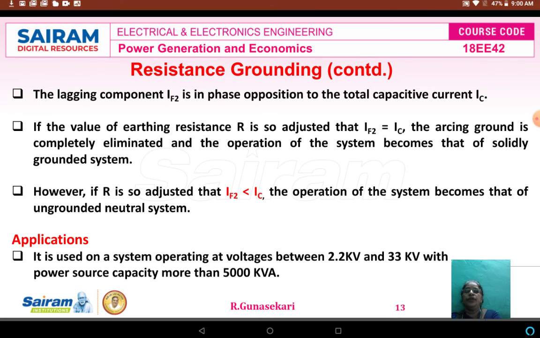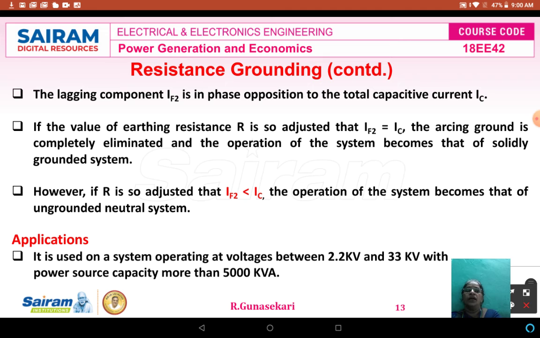The continuation of resistance grounding. The lagging component IF2 is in phase opposition to the capacitive current IC. The value of earth resistance R is adjusted so that IF2 is equal to IC, that is, the lagging component IF2 equals the capacitor current IC.